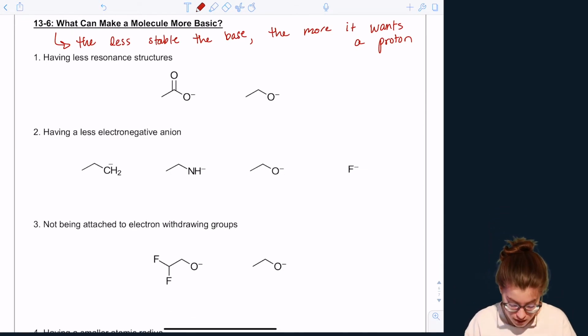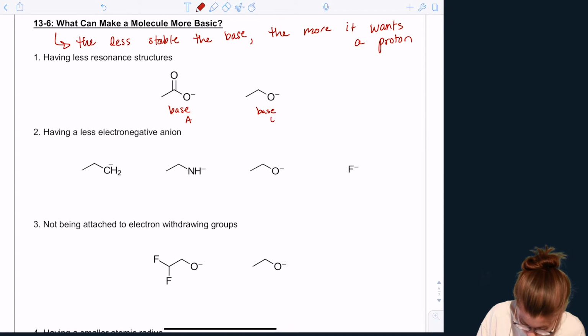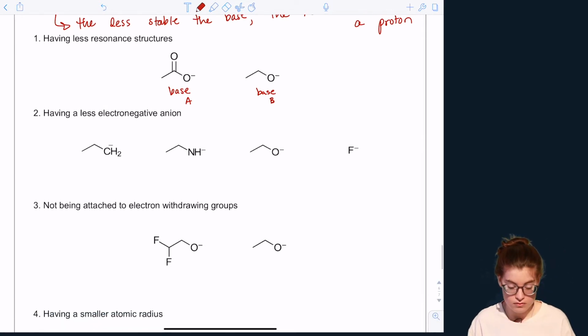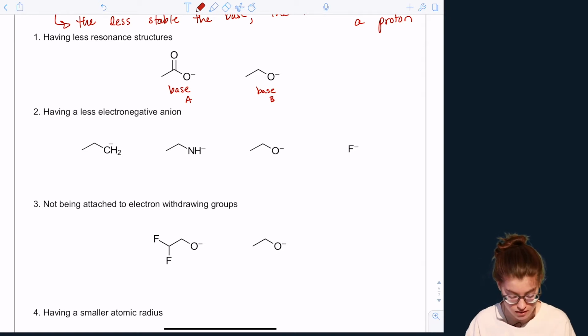Okay, so we have base A here and base B, and you might recognize it from our acid video where we drew these as the conjugate bases, okay? So here they give us the base to start off with, and the question is, which one of these, A or B, is more basic?